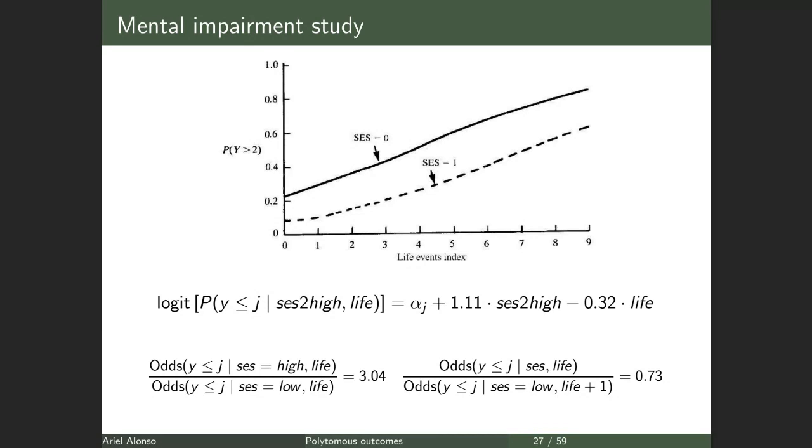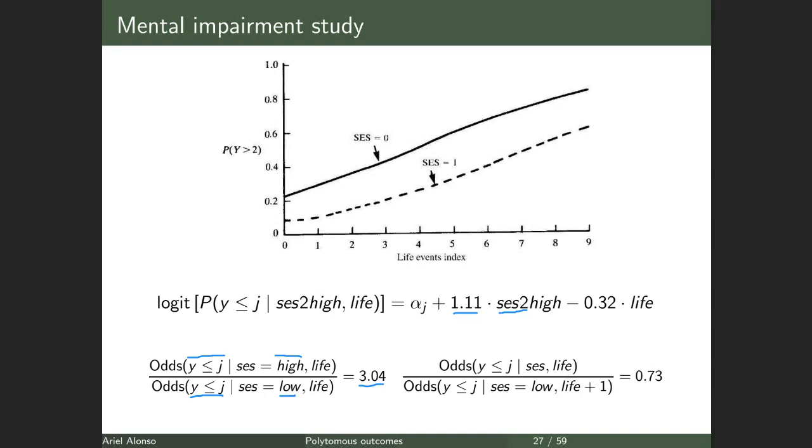Well, if you exponentiate the coefficient of SES, you get e to the power 1.11. That's about 3. How is the interpretation? Well, the odds of having a response smaller or equal than j are 3 times larger for people in the high class than for people in the low class.